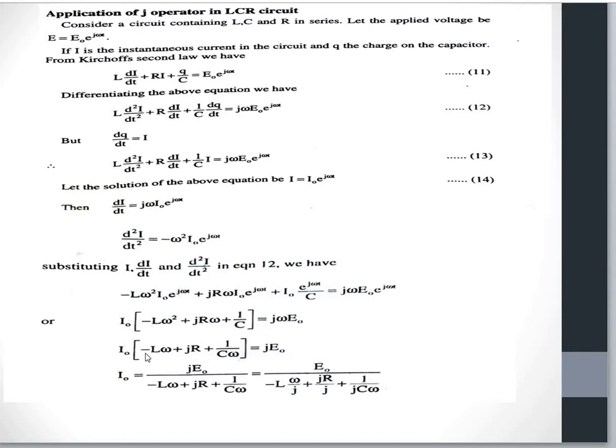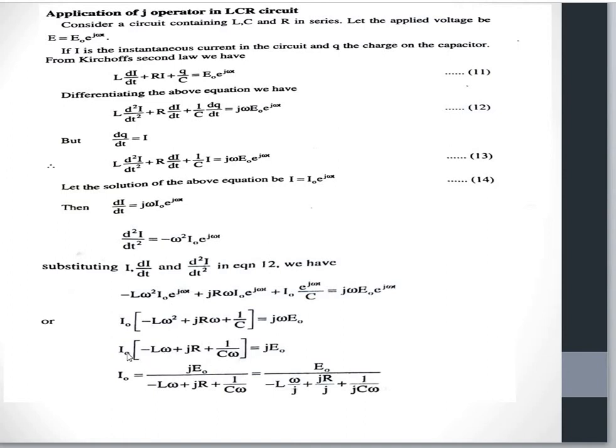Now we can cancel omega from the equation. In order to cancel omega in the 1 by C term, we multiply both sides by omega, so omega by C omega cancels, leaving 1 by C omega with this term.